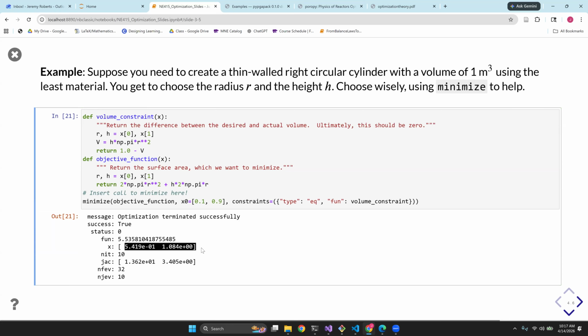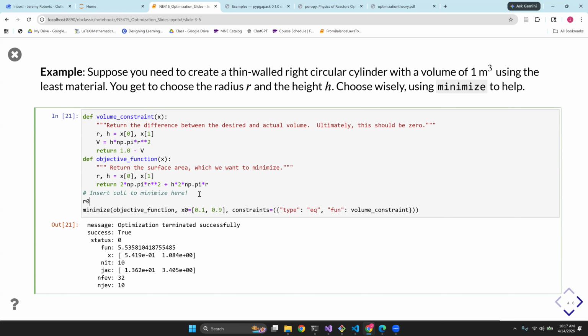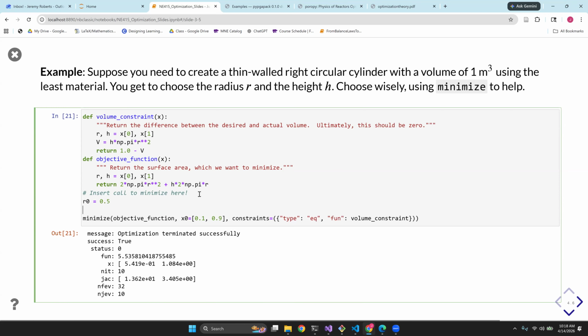Question. It's really funny because you input pi. You could do this: let's say the radius R0 is equal to 1 or 0.5, then that means the height H0 would be, so if the volume is 1, we need that to be 1 divided by np.pi times R0 squared, right?